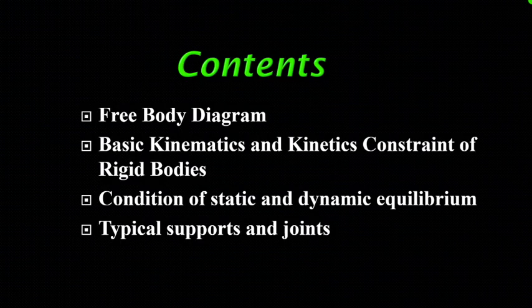In addition to free body diagram, we are also going to discuss basic kinematic and kinetic constants, condition of static and dynamic equilibrium, and some common and typical supports and joints.